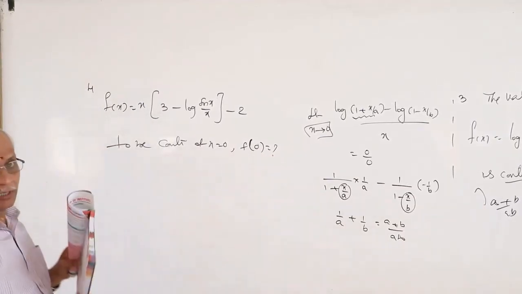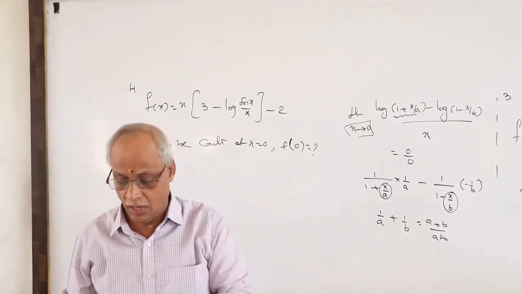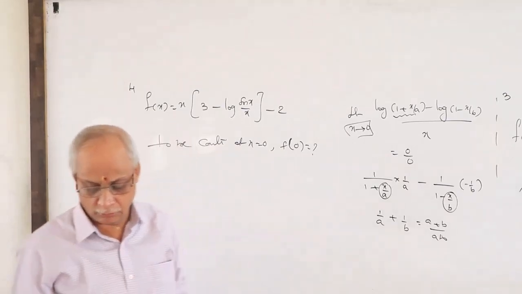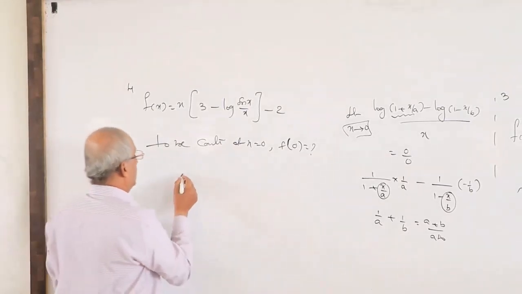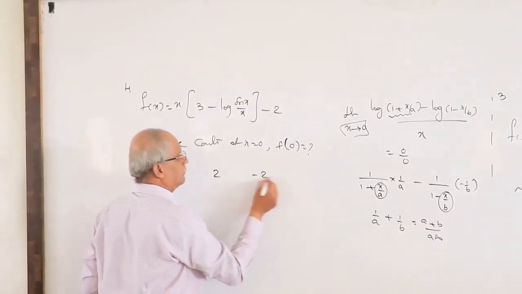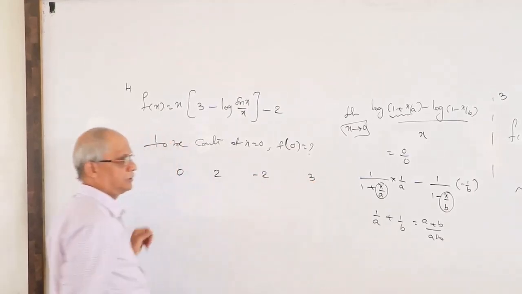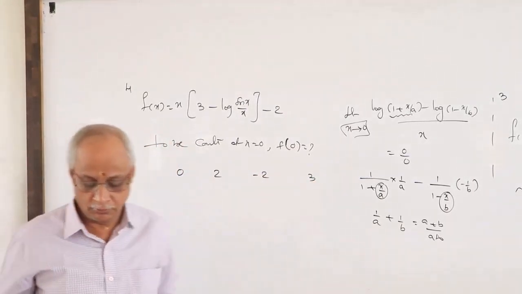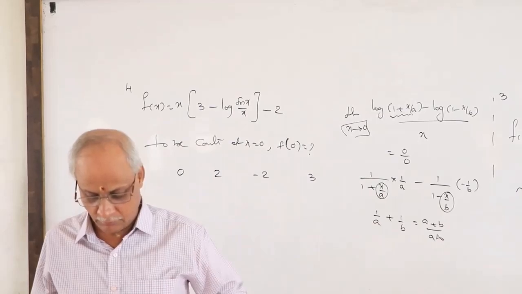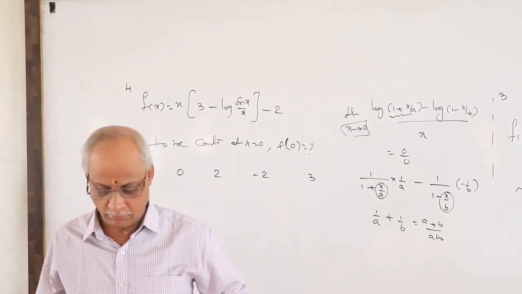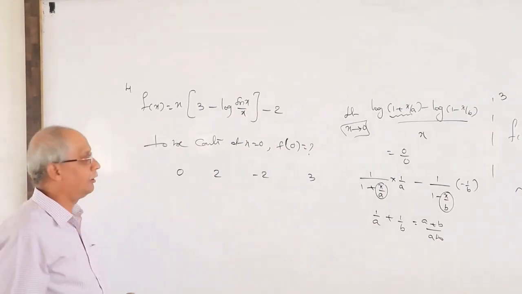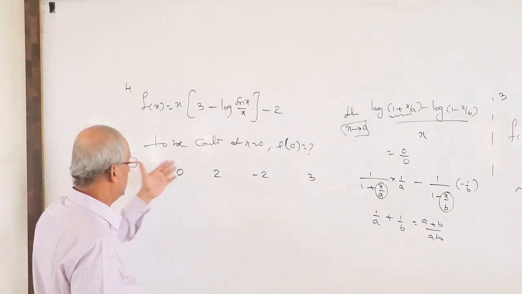Same as above. Answers here: 0, 2, minus 2, 3. Again your marks only. Your marks only, options they are giving every time. See? So what to do? You need limit again.